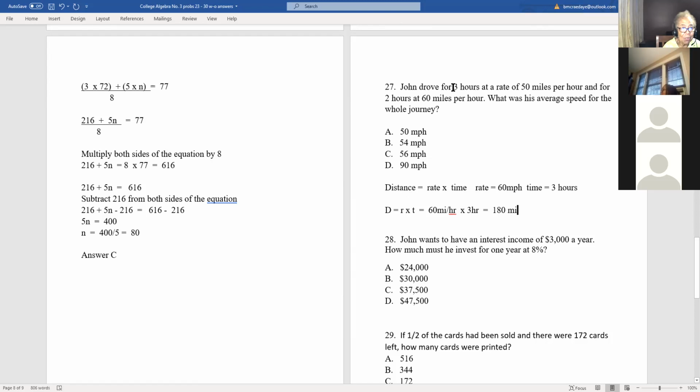So if John drove 3 hours at a rate of 50 miles per hour, what distance did he travel? What distance did John travel, Chastity? 3 hours at a rate of 50 miles per hour.